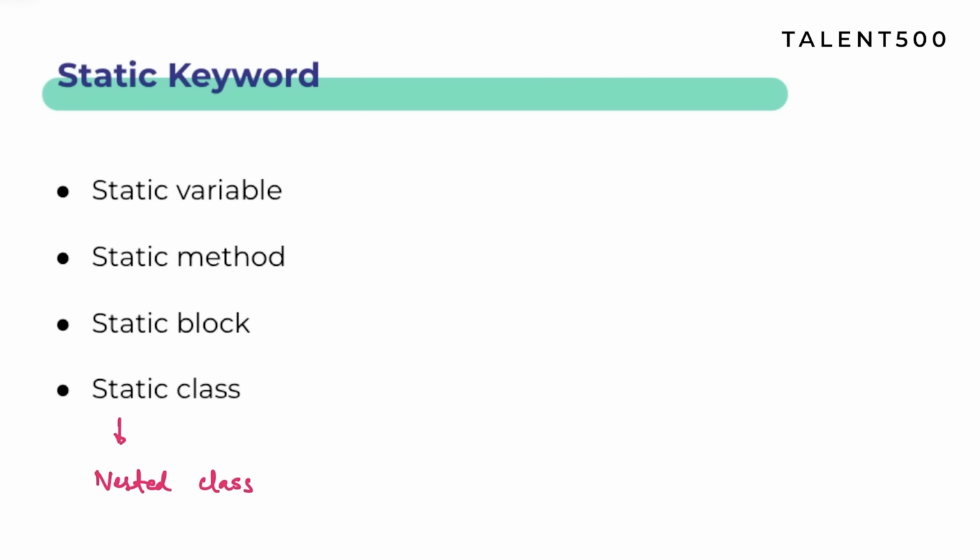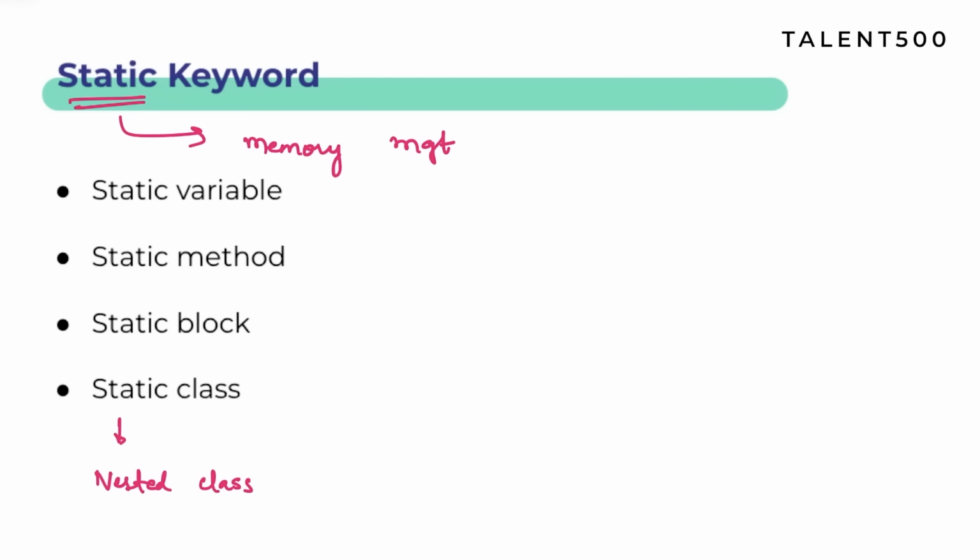Now we are going to be discussing what a static keyword is and why we use it. This static keyword is majorly used for memory management. And why are we talking about memory management? Because in this case, we just want to create one copy throughout. So the first one we have here is the static variable.